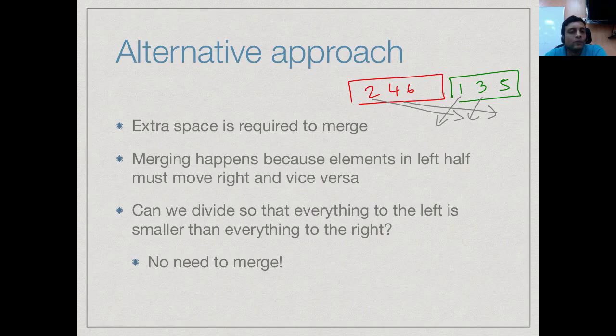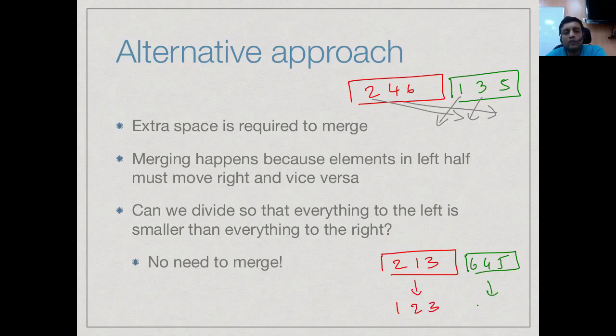So now, if we could come up with a way to avoid this, so that everything in the red part is smaller than everything in the green part, then once I have sorted the red part and the green part, automatically everything in the red part stays to the left of everything in the green part. Right? So if instead, on the left I had started with, say, 2, 1, 3, and on the right I had started with 6, 4, 5, and then I had locally sorted these, I would get 1, 2, 3 and then 4, 5, 6.